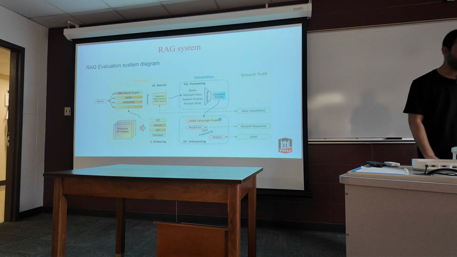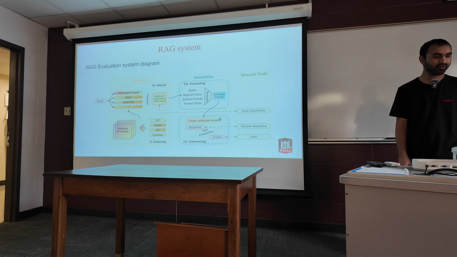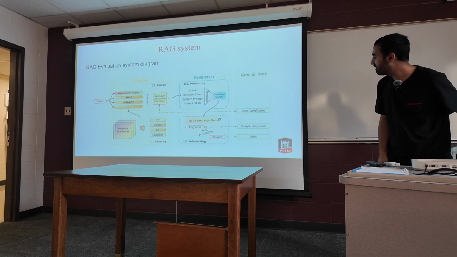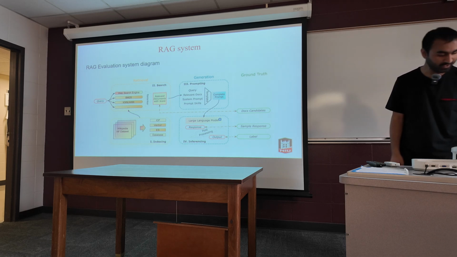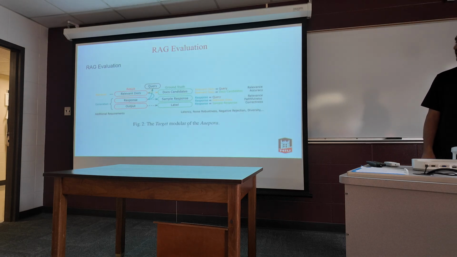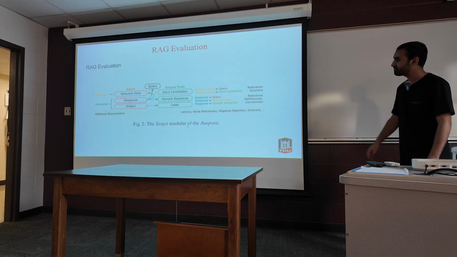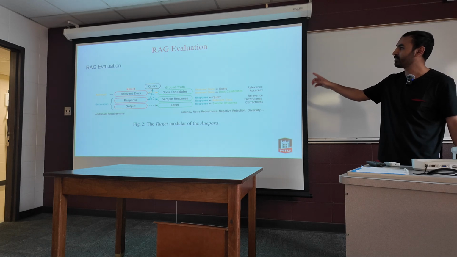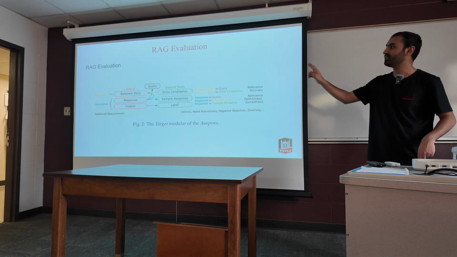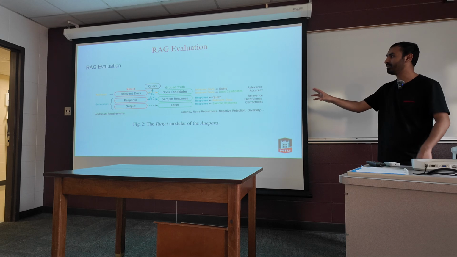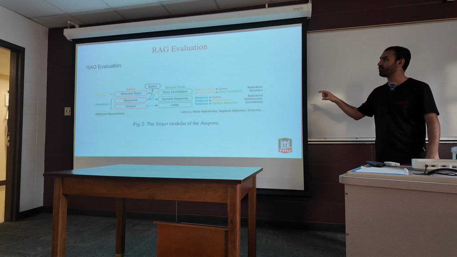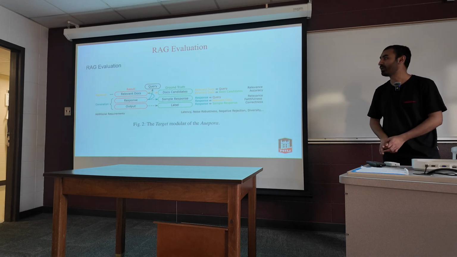This is another diagram for the RAG evaluation system. I'll go through this slide a little bit later, and go to this slide first. This is one paper. On the left, the red ones are the results: relevant docs, responses, output. On the right are the ground truth: docs candidates, sample response, and label. What is docs candidates?